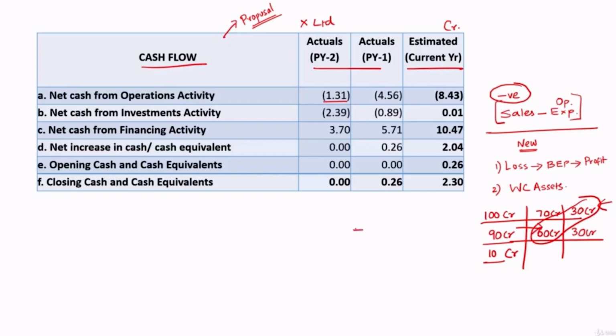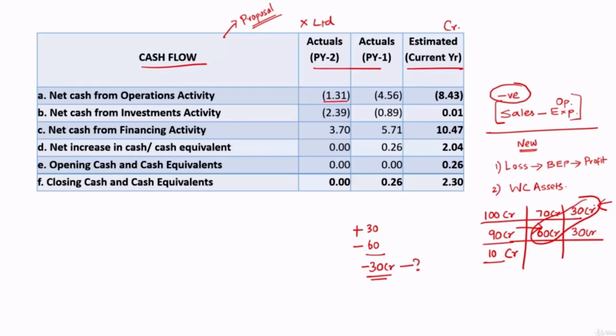So the cash that came in was 30 crore, and the cash that went out was 60 crore. So from operations, they have actually ended up paying 30 crore without generating any money. From where they paid this 30 crore, that's what you will get to know from the cash flow statement.